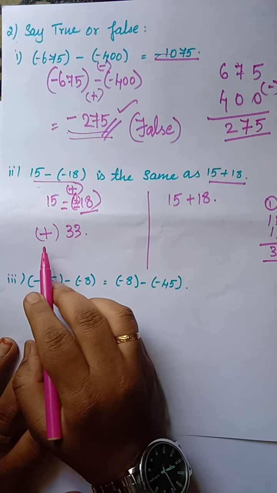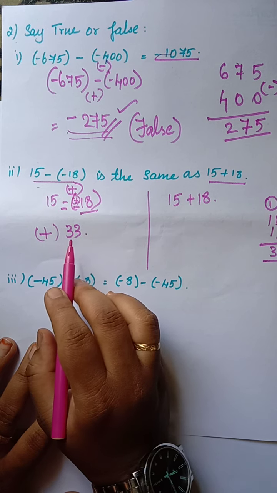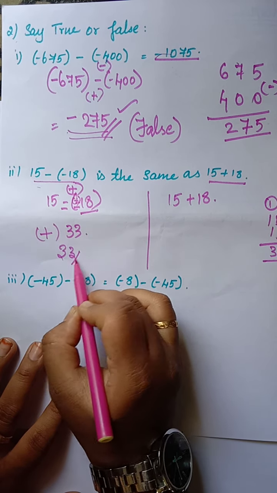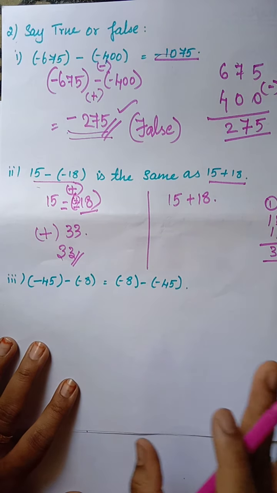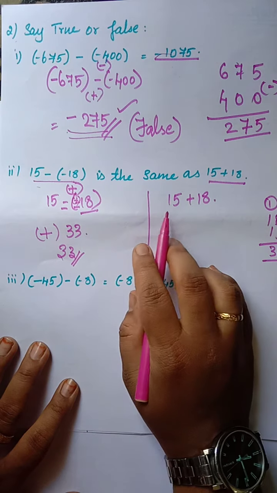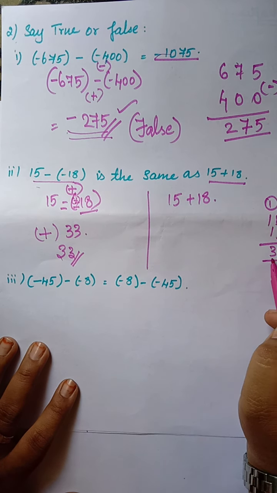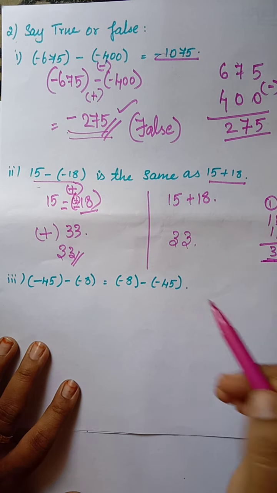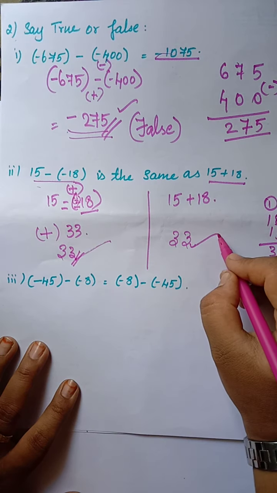So we have written it as plus 33, and we can write it simply as 33, right? Okay, so if they have given plus, we can write it simply as 33. Okay, then here also we have to add 15 plus 18, so we will get the same answer as 33, right? So here also 33, here also 33.